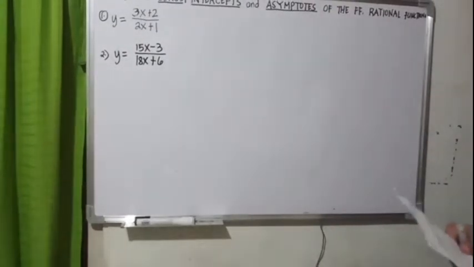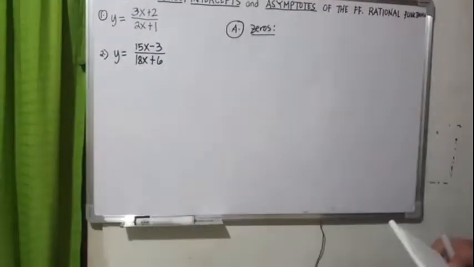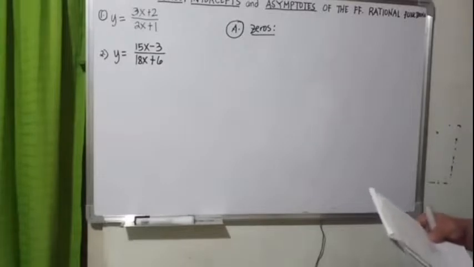Example number 1. Functions equal to 0. Tandaan yan ha. The value that makes the rational functions equal to 0.